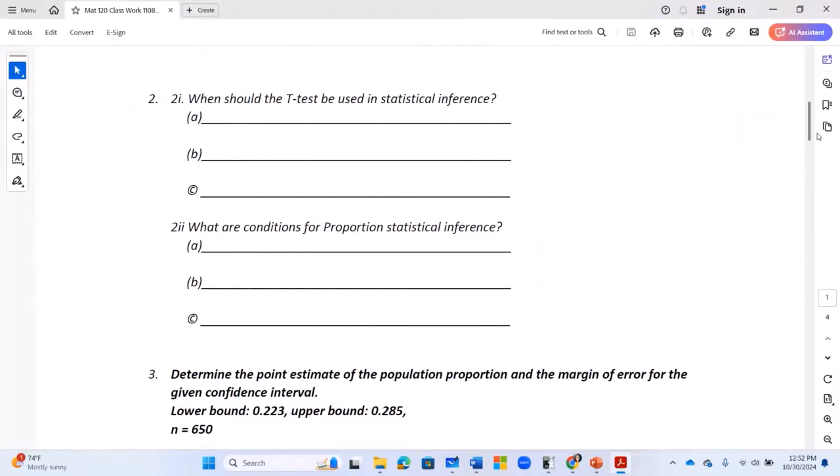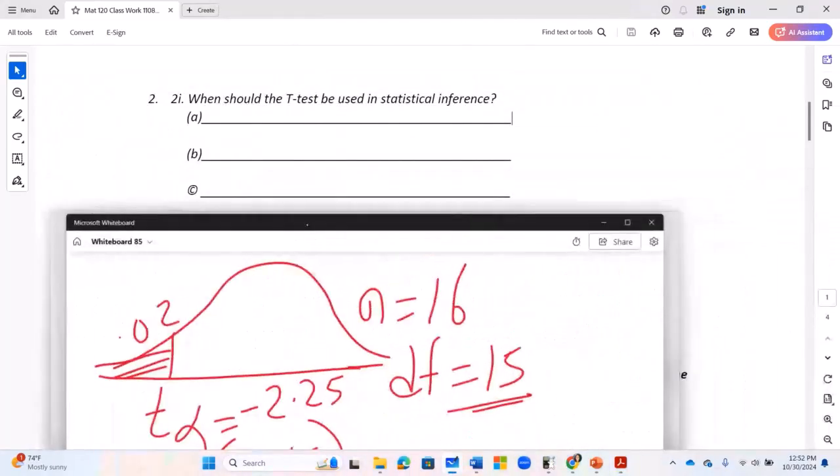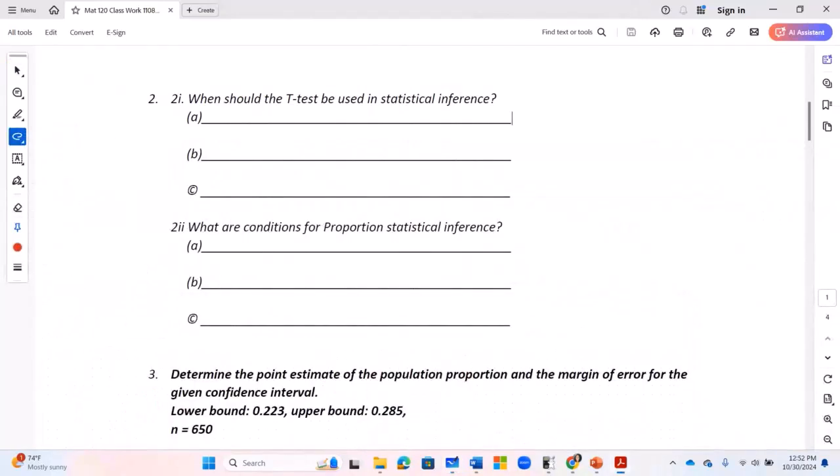Conditions for t-test are, I'm just going to write it here. Sample size must be less than 30.